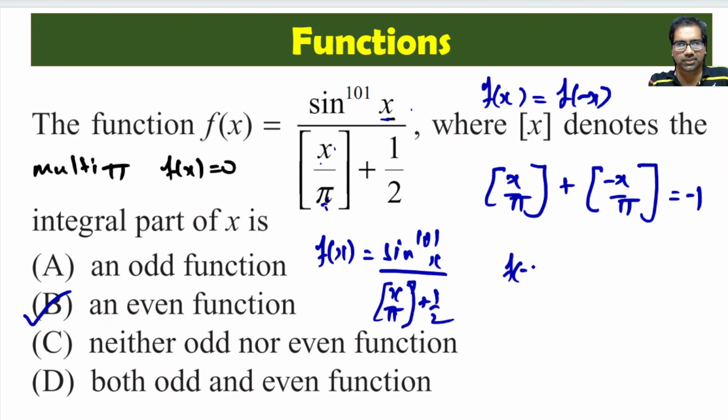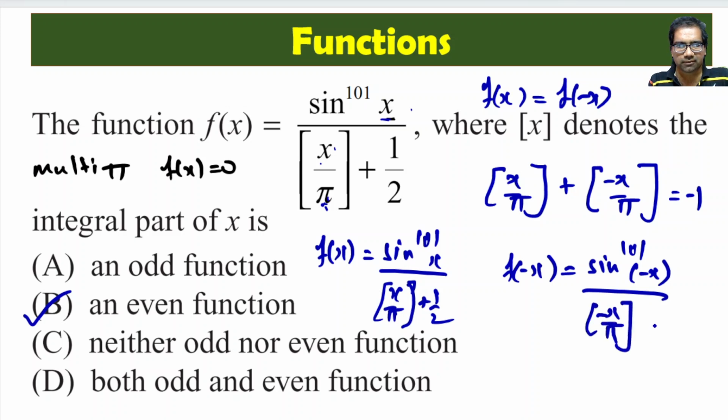F of minus x will be sin 101 minus x by pi plus half. But minus x by pi is minus 1 minus x by pi. Right? We can write this as minus 1 minus x by pi. So this one is equal to minus 1 minus this.